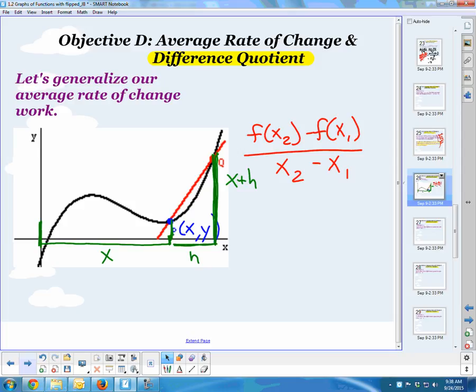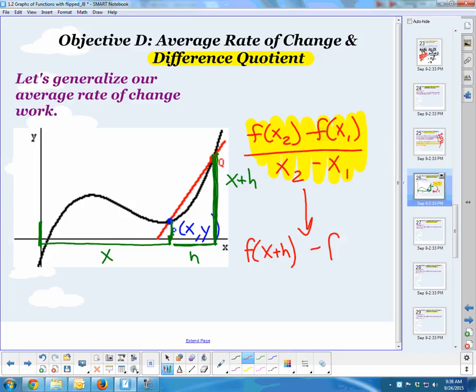And so what that's going to do is change our average rate of change formula, and we're going to make just a couple of substitutions. Instead of having f of x sub 2, we're going to have f of x plus h, because the x coordinate of Q we're calling x plus h now, minus f of x.